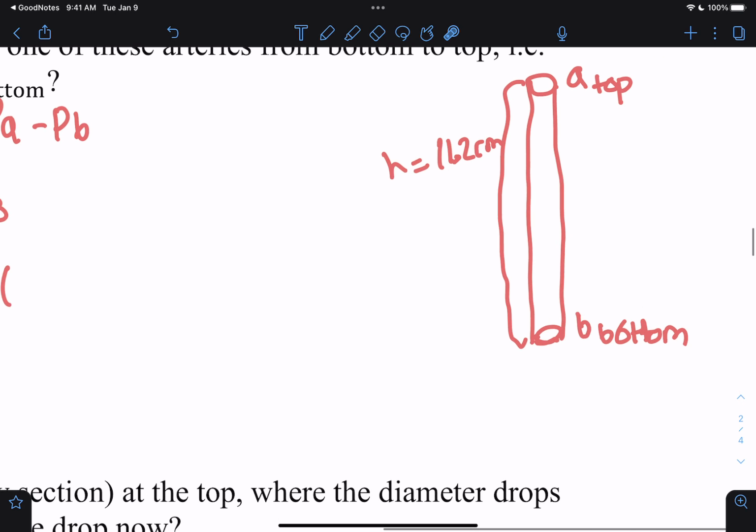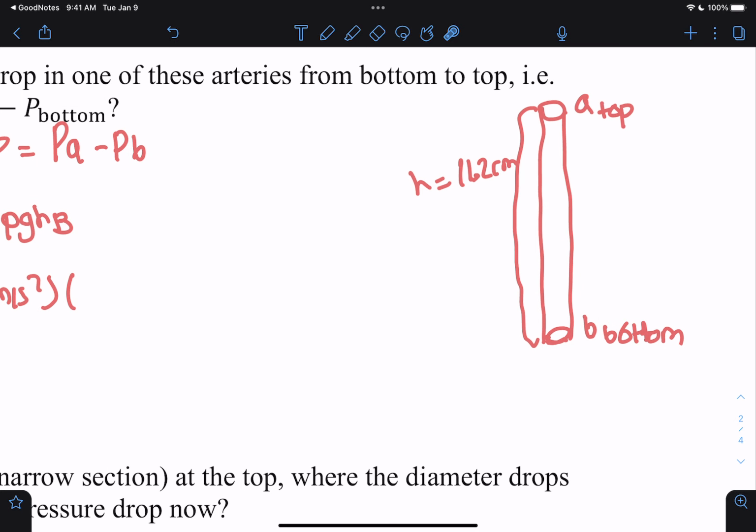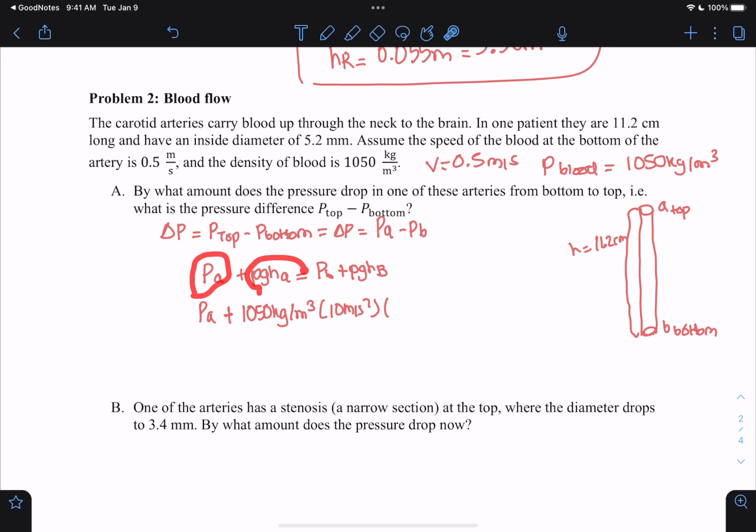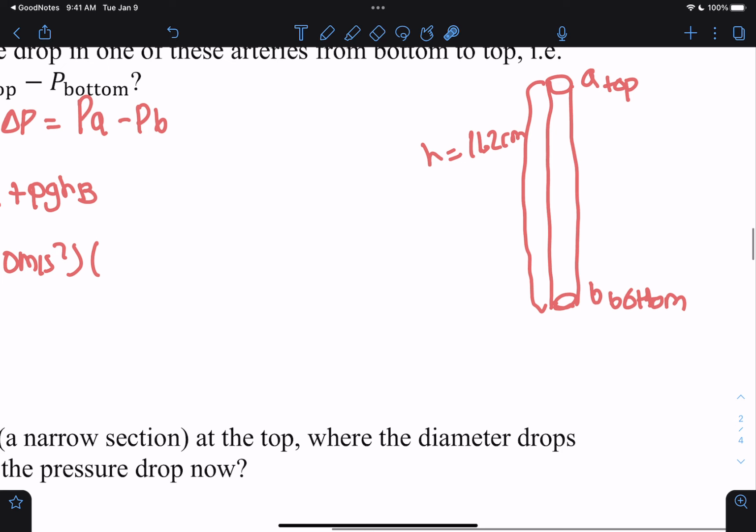So just to be clear, if I say PA plus rho g hA, pressure at A plus height at A, well, if I'm saying height, like if I have a height of 3 meters, does that usually indicate going upwards or downwards, just from a very general sense of the term? Like if I said I was up at a height of 3 meters.